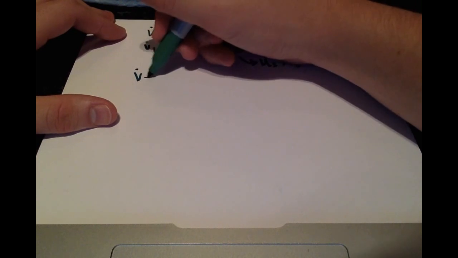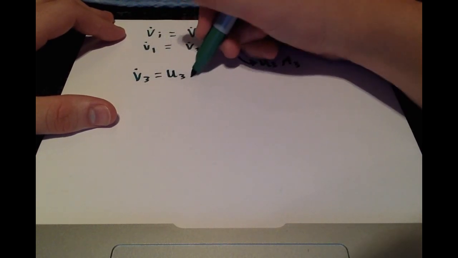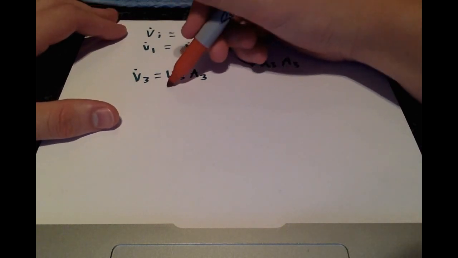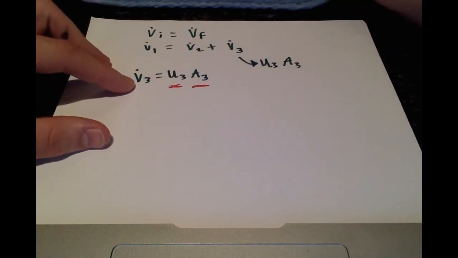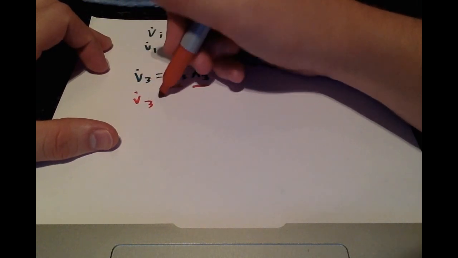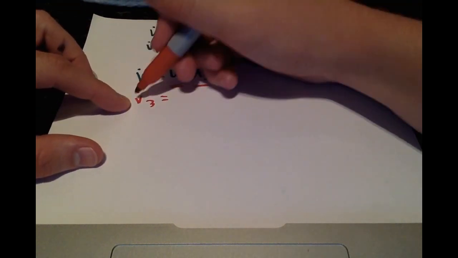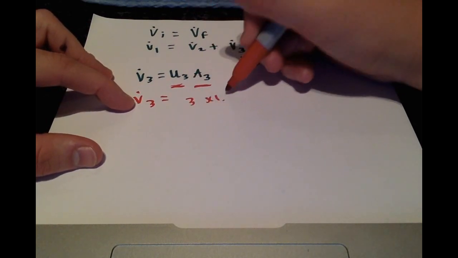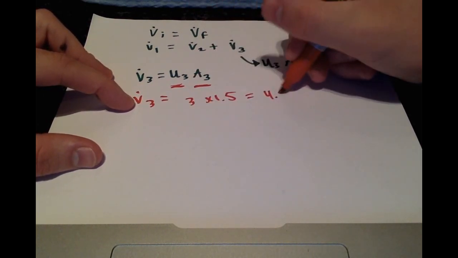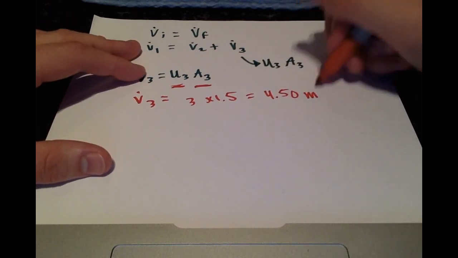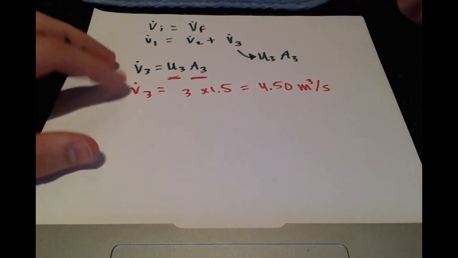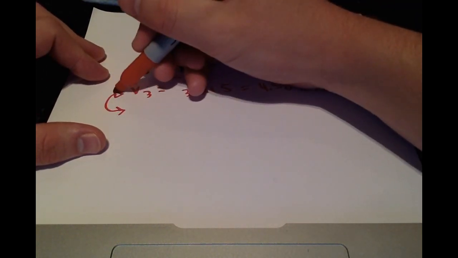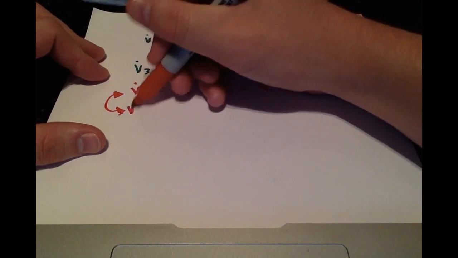So let's look at that for pipe 3. And fortunately, we were given both of these pieces of information, so we can get that the volumetric flow rate through pipe 3 is 3 times 1.5, or 4.50 meters cubed per second. And we're also told that the volumetric flow rates through pipe 2 and 3 are equal.